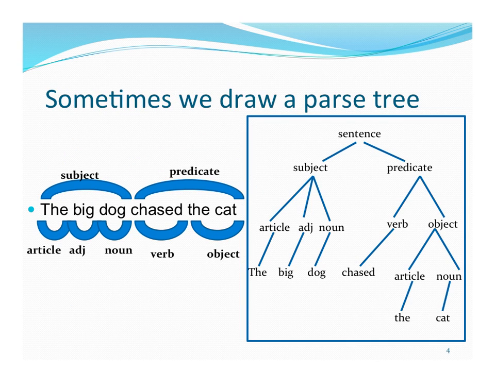Now, sometimes even linguists who are studying English will draw a parse tree for this kind of sentence. In the same way that before we said a sentence is made up of a subject and a predicate, we just draw that out using a tree structure. So our sentence is composed of a subject and a predicate. Our subject consists of an article, an adjective, and a noun. And eventually we get to the leaves of our tree, which are the actual words that we're using. So all of the leaves on the tree are words in the English language, and the internal nodes on the tree are parts of speech.